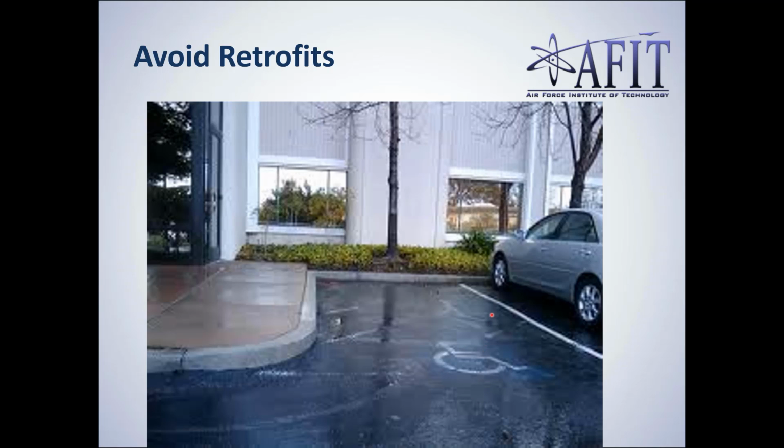But note, unfortunately, that the parking space is probably not wide enough for a van with a wheelchair lift. There is no access path for the wheelchair onto the sidewalk. It's a retrofit, right? So this handicapped person now has to become that superhuman to jump their wheelchair over top of the curb to get into this building.